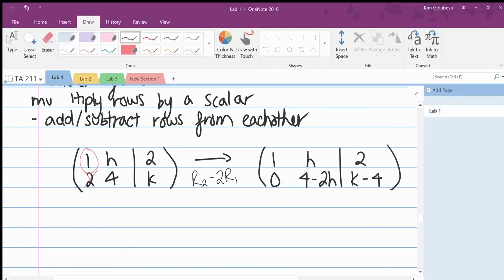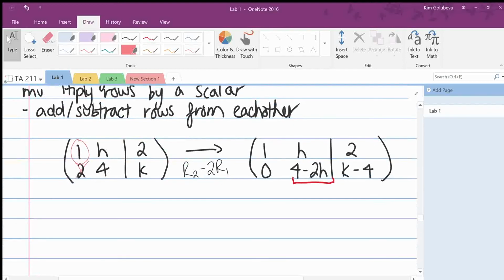So we get here, and we notice that right here. Now, if we were to experiment with values for h, we would notice that if you plug in 2 for h, so if h equals 2, then you'll have 4 minus 2 times 2 equals 0.